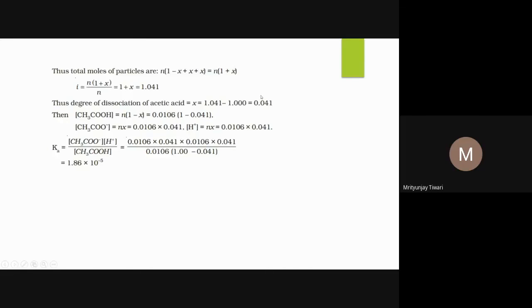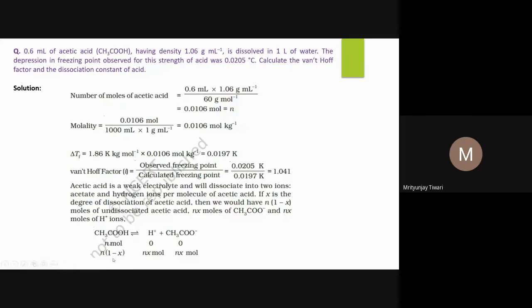What does it mean? If we know the value of x and the number of moles of acetic acid, which is already there, we can calculate the number of moles of acetic acid remaining at equilibrium. That is n into 1 minus x.